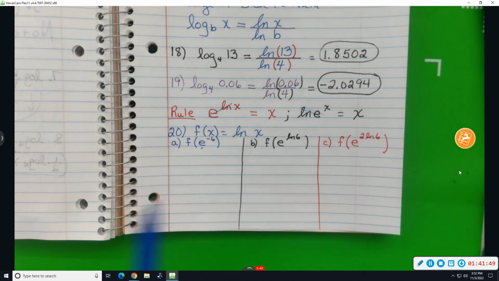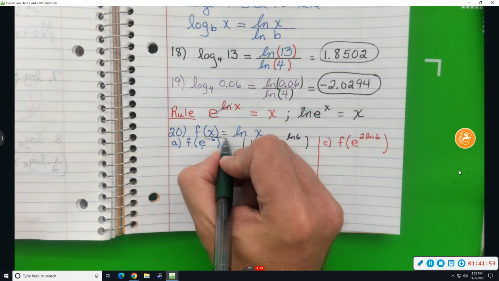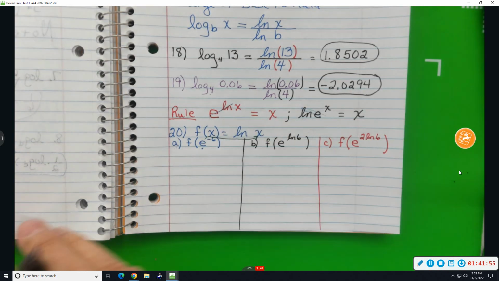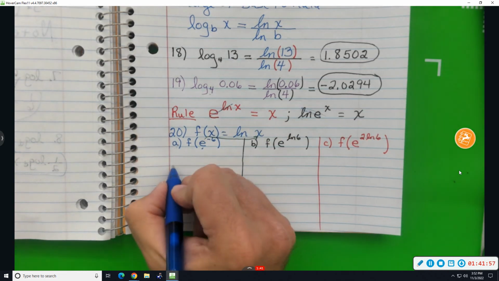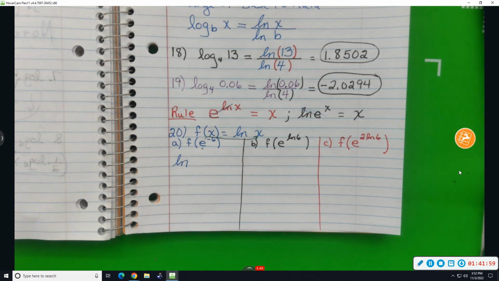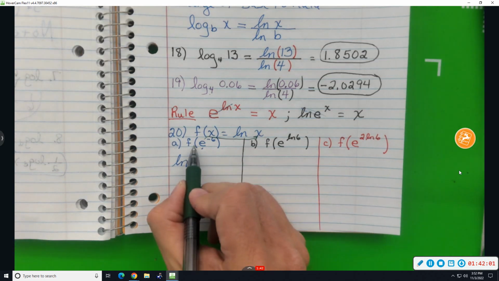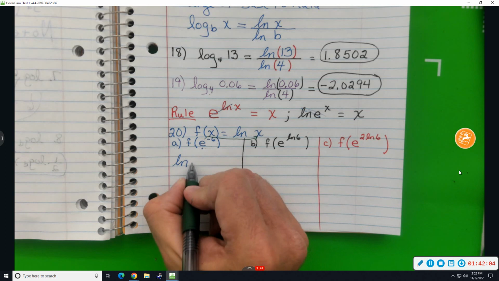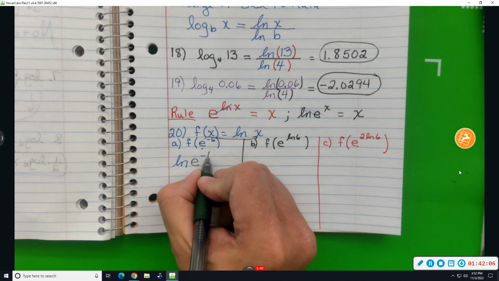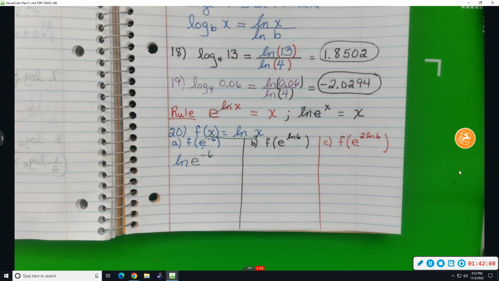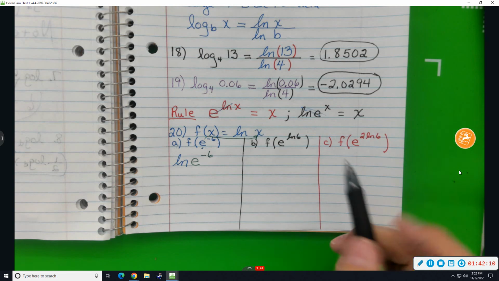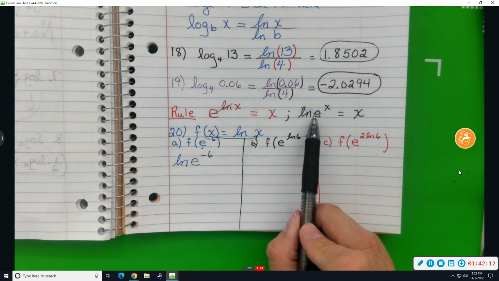With function notation, whatever's in the parentheses, you plug in for x. So in part A, in place of that x, I'm going to put e to the negative 6th. I had the blue ln, and in place of the x, I'm putting this stuff right there, e to the negative 6th. What's that going to reduce to?